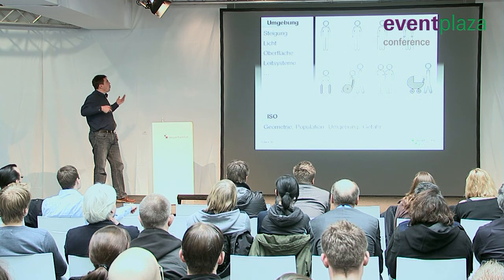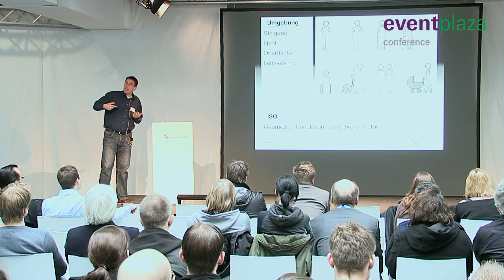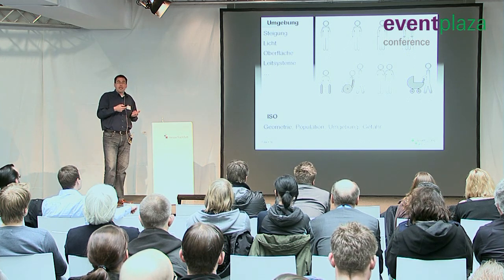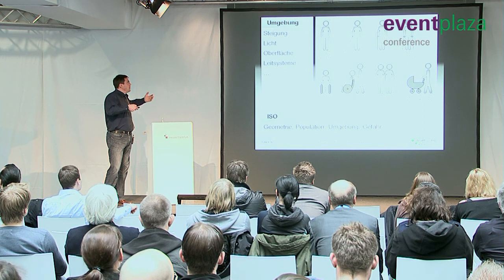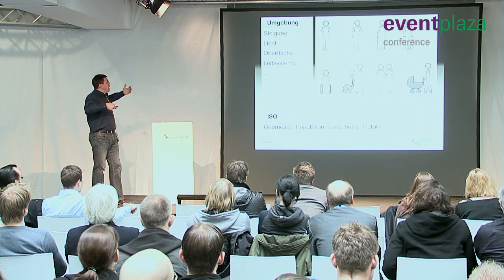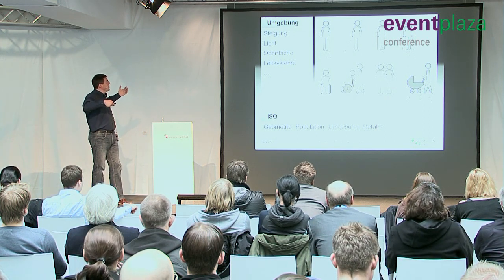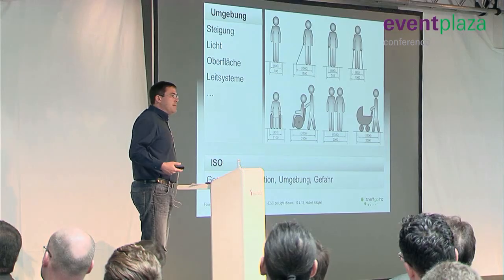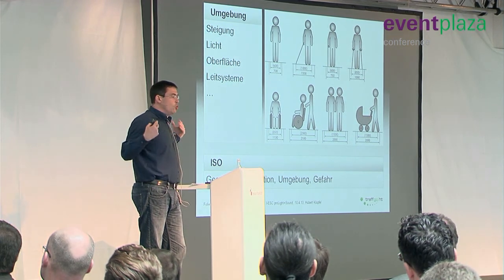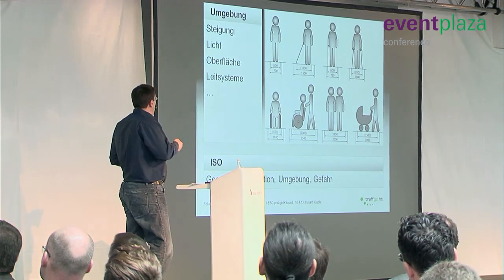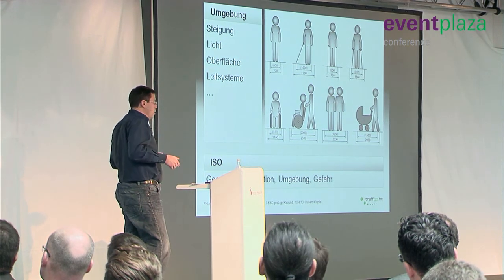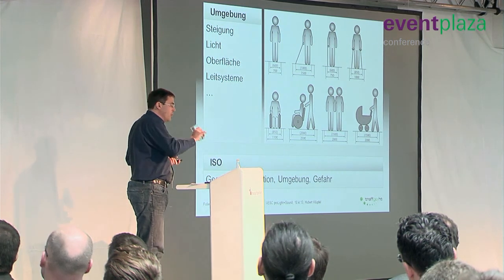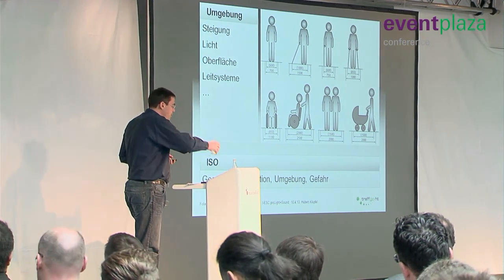Next, people have different space requirements depending on their special needs, depending on the surface structure, depending on the lighting of the environment. And if you are disabled in any way, for instance, if you are a wheelchair user, you need more space than an individual that has no special needs and will just stand up like this, like you see in the top left corner.